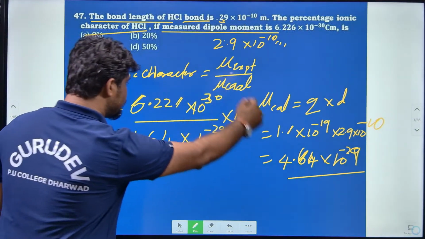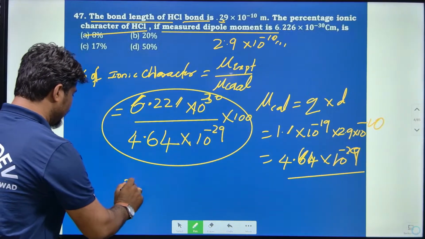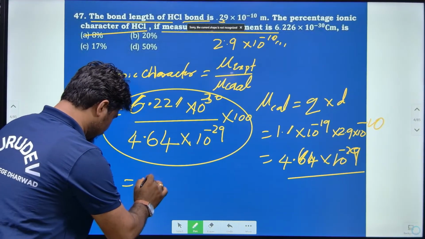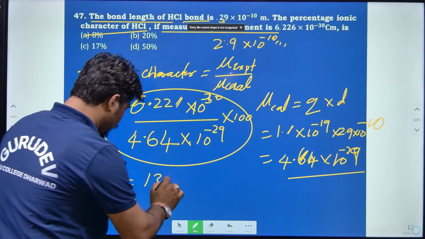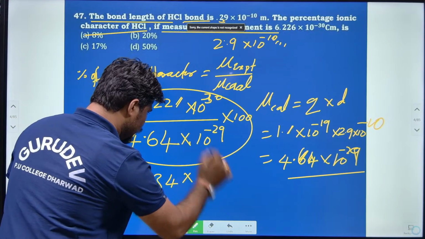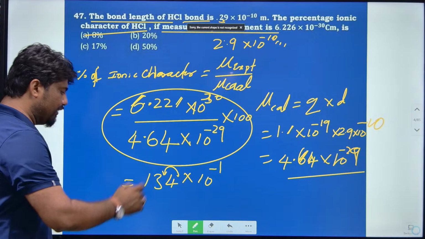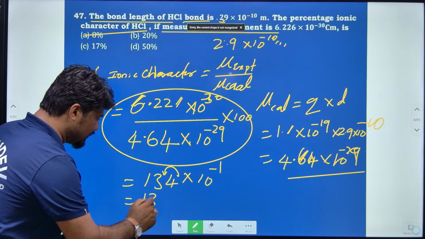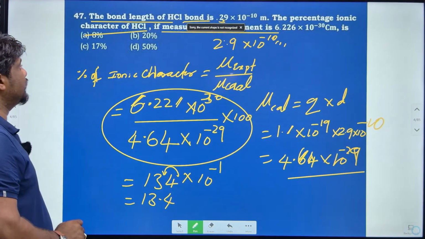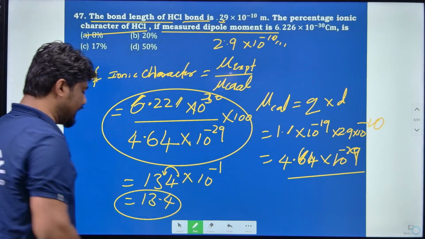On simplifying, we get 1.34 × 10^-1. By shifting the decimal, I am going to get 13.4. The 13.4 is the ionic character.